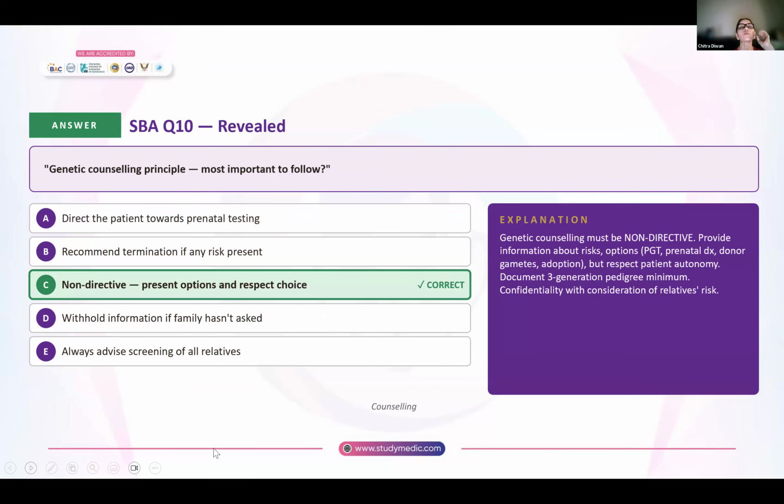You will not enforce your decisions onto them. You will present all the information, the risks and the options, but you will always respect the autonomy of the couple or the individual. Also respect confidentiality, but keep in mind that in certain cancer syndromes there is a risk to the relatives also.